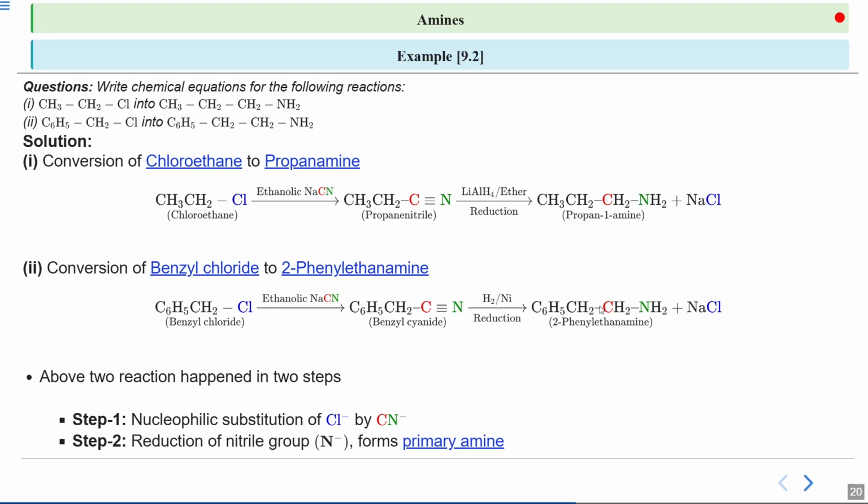So the result is a primary amine. Remember, this is a 2-step process used to make amines with a longer carbon chain from simple halides. If you see, this 2-phenylethanamine has 1 carbon more than the starting benzyl chloride.